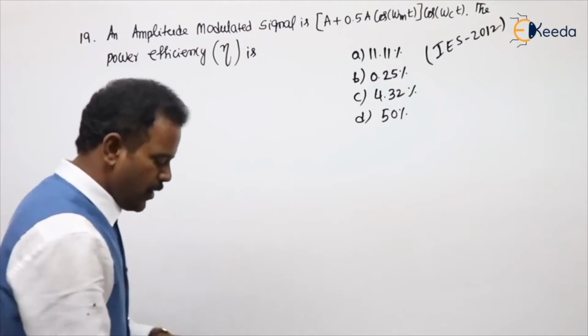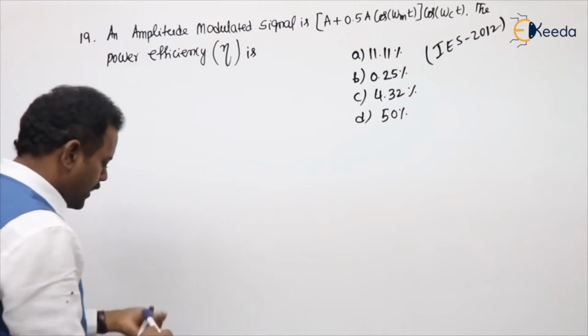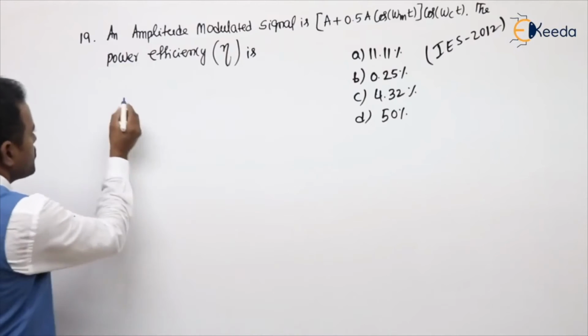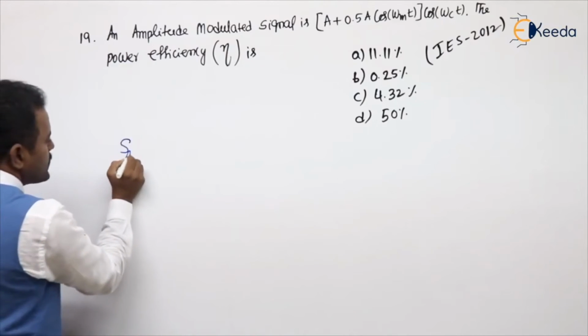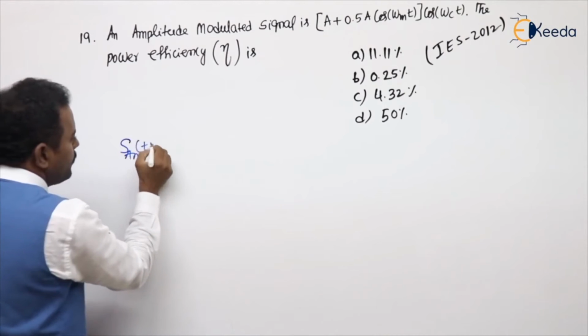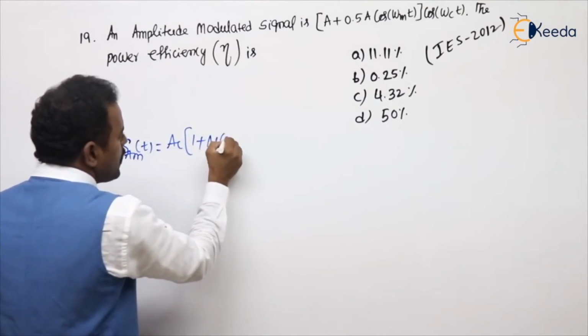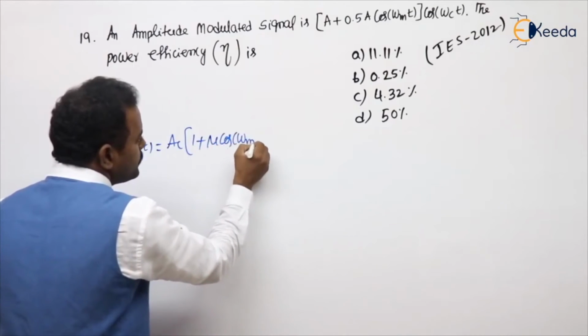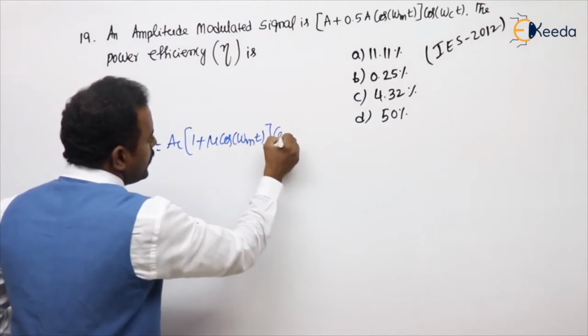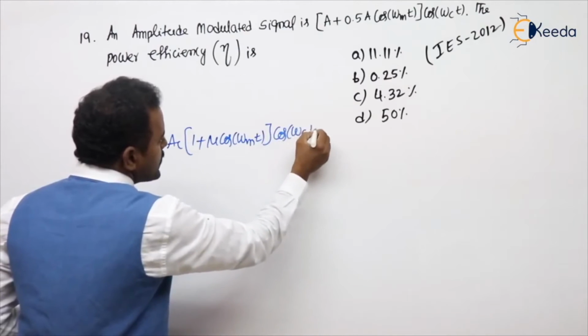If you want, I can write it one more time. What is that expression? s AM of t equals Ac into 1 plus mu cos omega m t into cos omega c t.